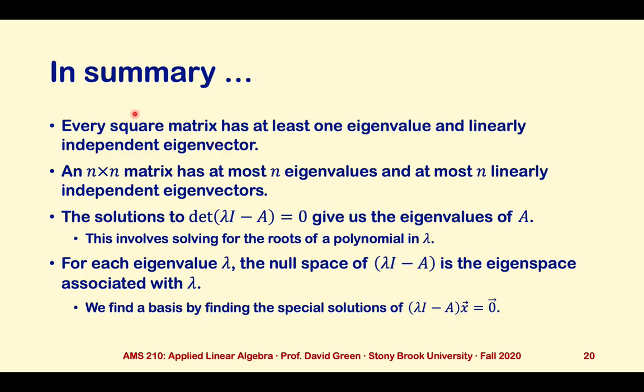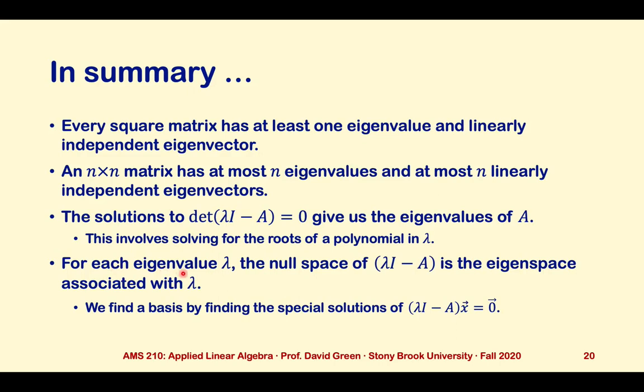How do we find these? We find the eigenvalues by asking for the solutions to the determinant of lambda I minus A equals 0. This gives us a polynomial in lambda that we solve for the roots of. Those roots are the eigenvalues.